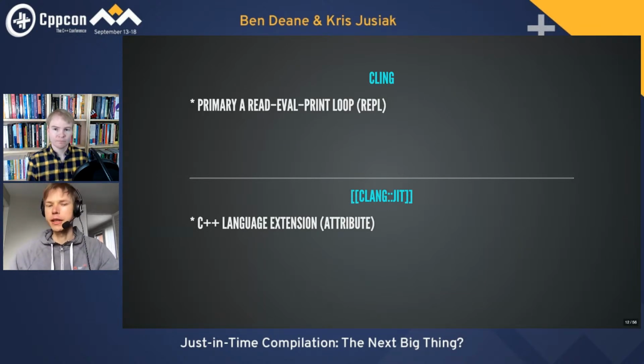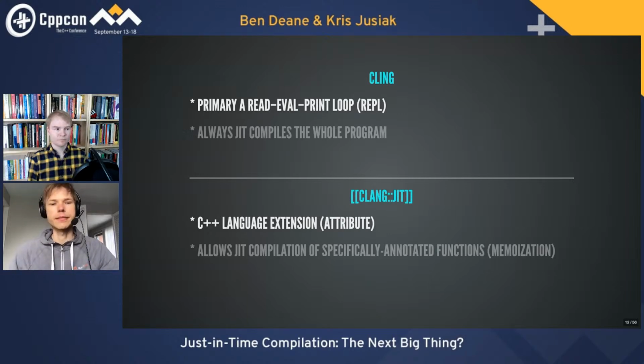So the user can add includes or eval expressions and do things like that. It was primarily built for the researchers at CERN, physicists. On the other hand, Clang JIT is a language extension attribute, which is a totally different approach. It's not a REPL, it's just an extension.